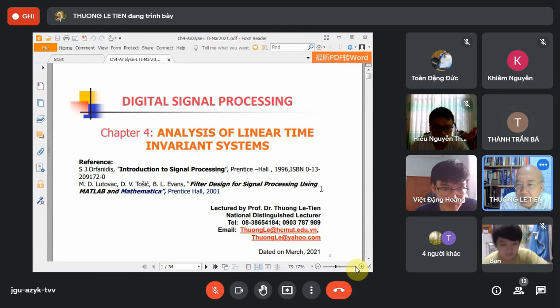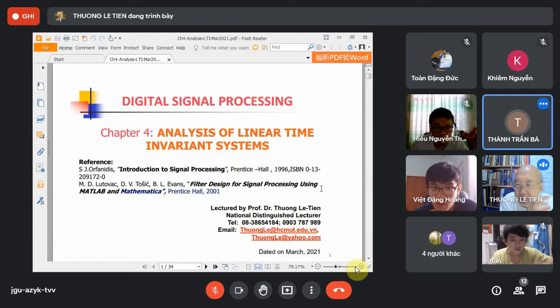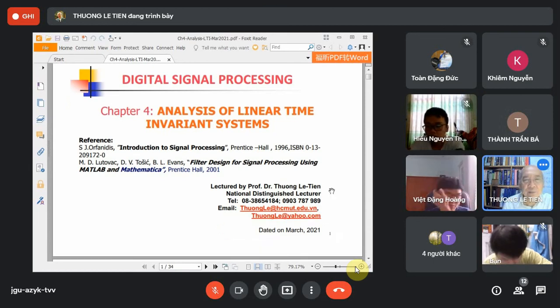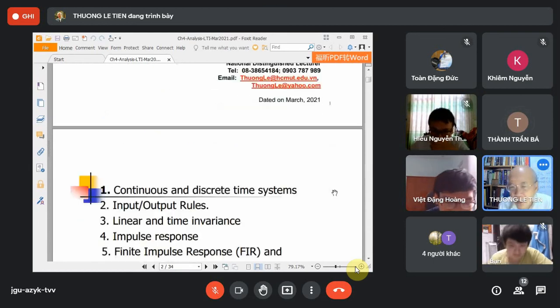From chapter 4 to the end of the course, mostly we deal with the discrete time signal and discrete time system. From now to the end of the course, most of the concepts will be related to the discrete time signal. And this is the basic one.